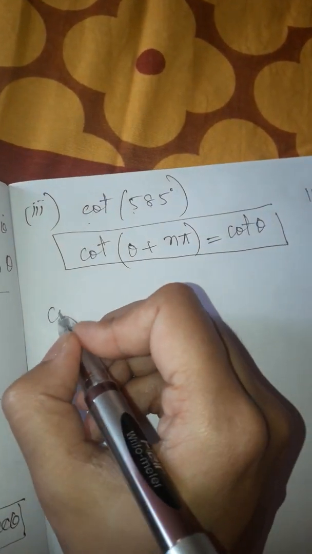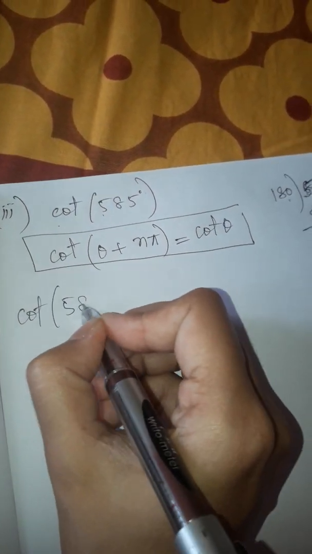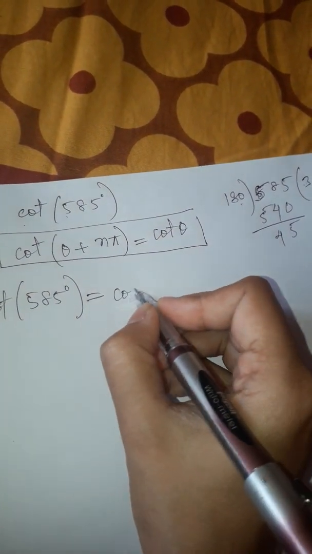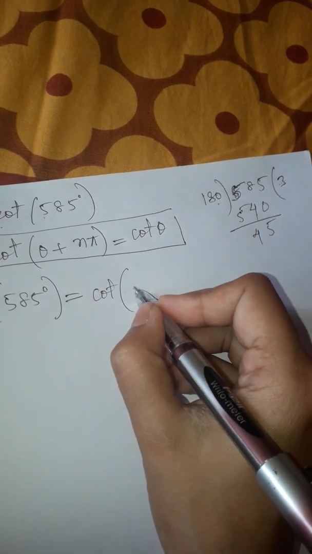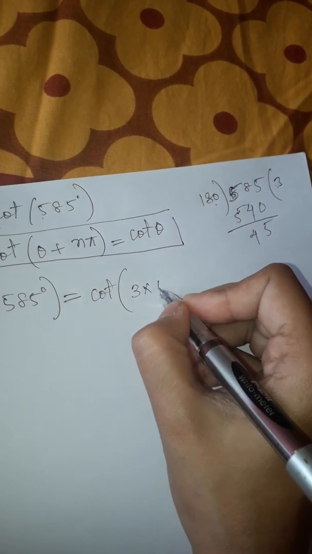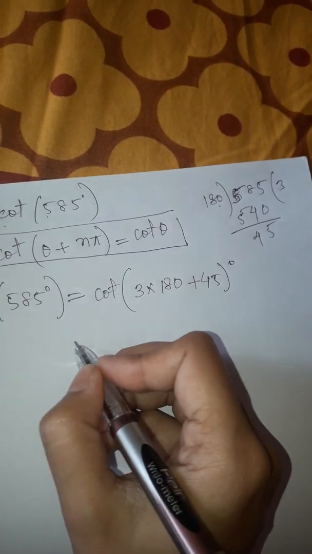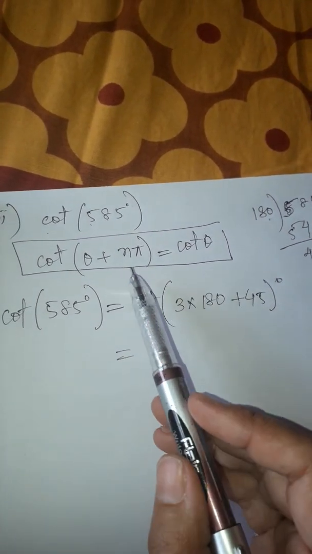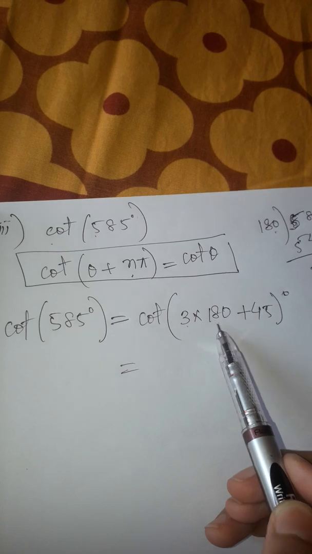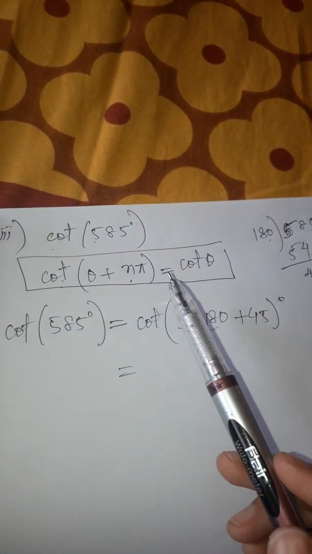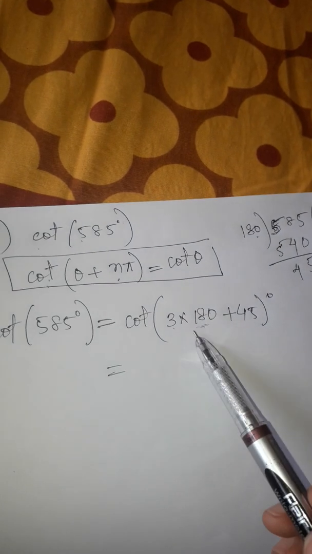So we can write cot of 585 as cot of 3 into 180 plus 45 degrees. Comparing this, here n is 3 pi. In the case of cot and tan, we know that it repeats after a pi interval, so we divide by 180.